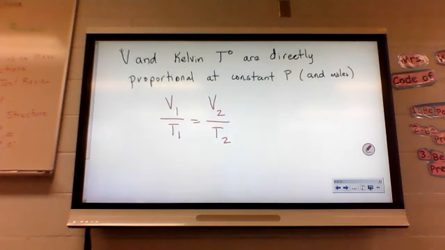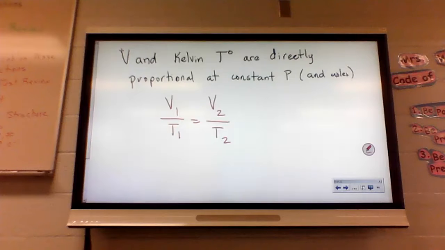Now, tell me this. Why does the temperature have to be in Kelvin? I want a math reason. Think about what kind of number we could get.